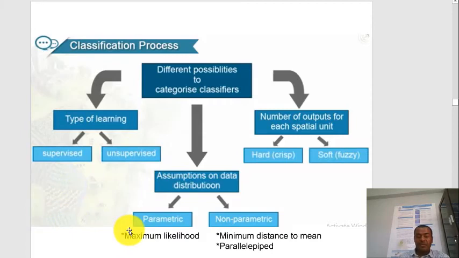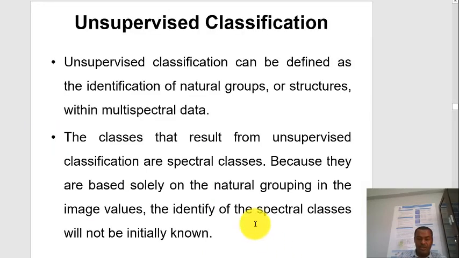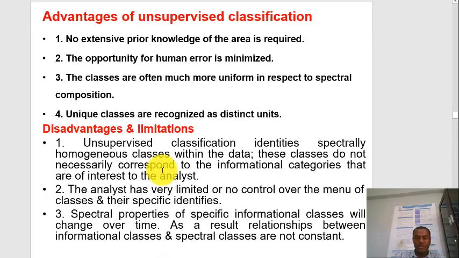If the data has a bell-shaped curve, then the distribution is parametric, which means the data is normally distributed. If it is not normally distributed, then it is non-parametric. When your data is non-parametric, you are forced to use parallelepiped classification algorithms or minimum distance classification algorithms. These are supervised classification algorithms. So I have already explained this to you.